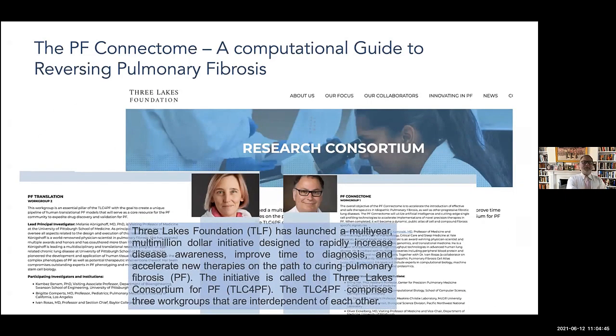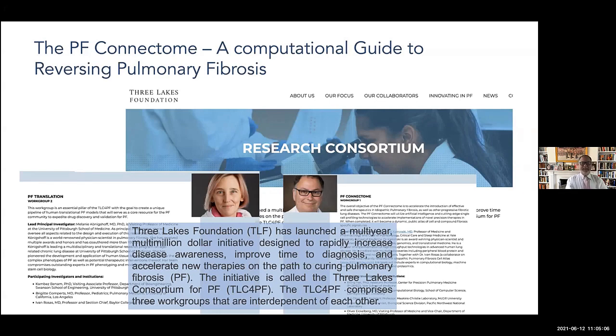This research proposal was funded by Three Lakes Foundation, an amazing group that really is changing the face of pulmonary fibrosis research. The first two projects are run by myself and by Melanie Konigsoff from Pittsburgh, with multiple collaborators and investigators.